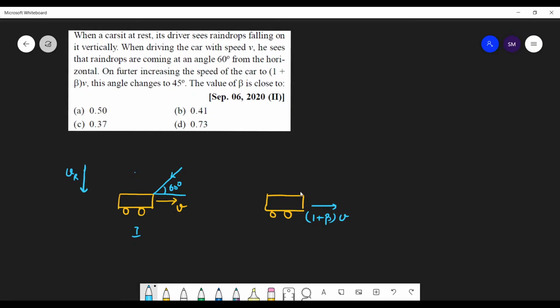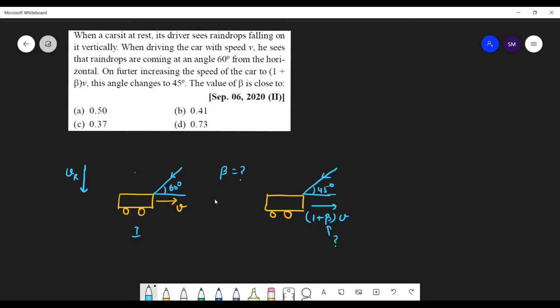The angle changes to 45 degrees with the horizontal. So he sees that the raindrops are coming at 45 degrees. We have to find the value of beta.